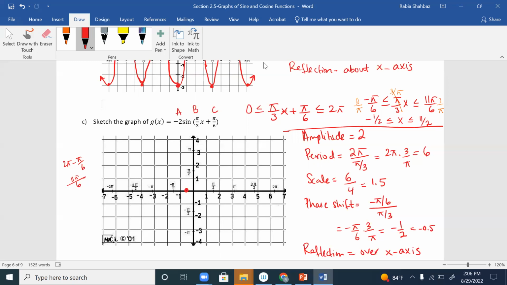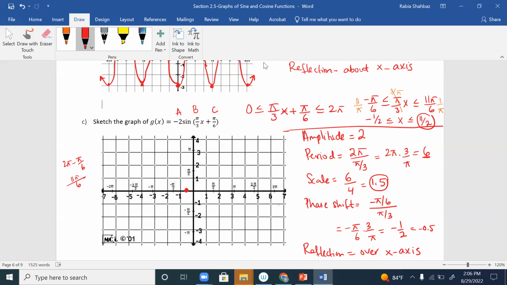So if I'm starting here and I'm going in increments of 1.5, I'm going to end at 5.5. Since I started half left of 0, I'm going to end up a little bit before 6, right? Half a point before 6 to be exact.